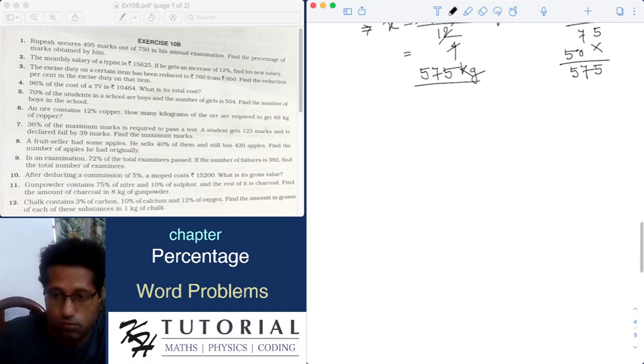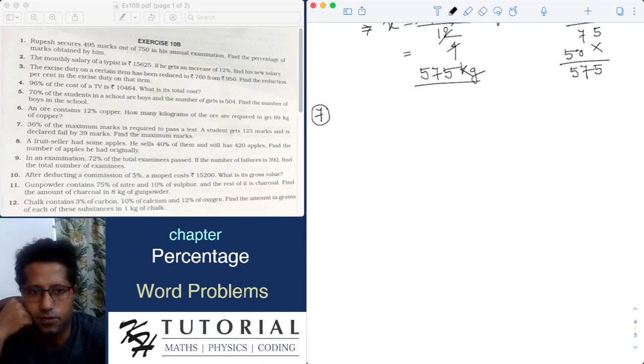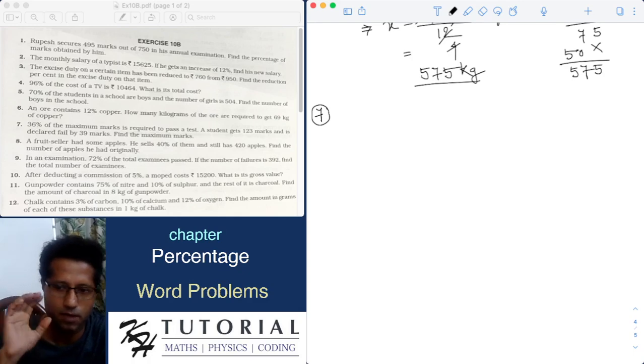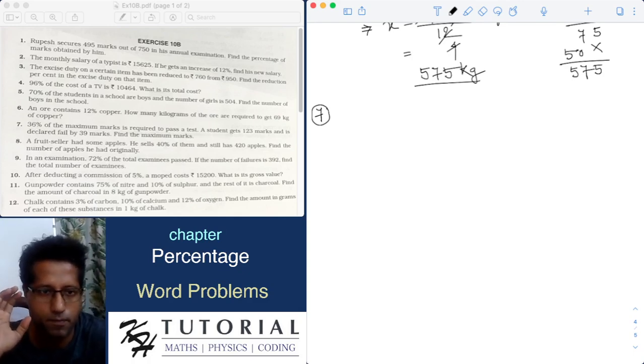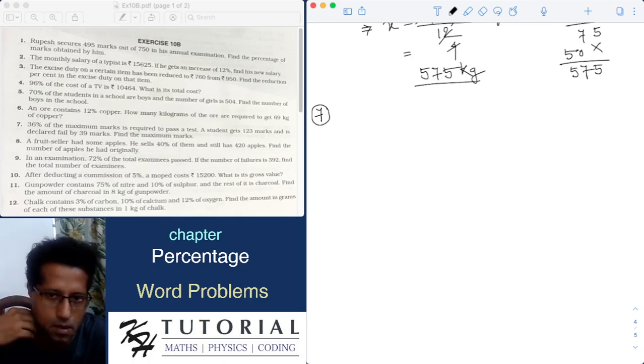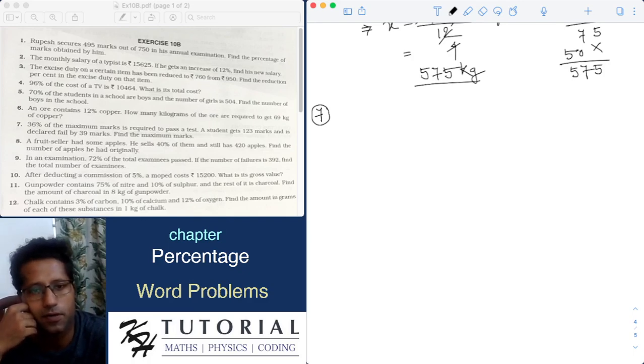Let's do question number 7. It says 36% of the maximum marks is required to pass a test. In other words, it is trying to say that if 100 is the maximum marks, then we have to score minimum 36 to pass. A student gets 123 marks and is declared fail by 39 marks.